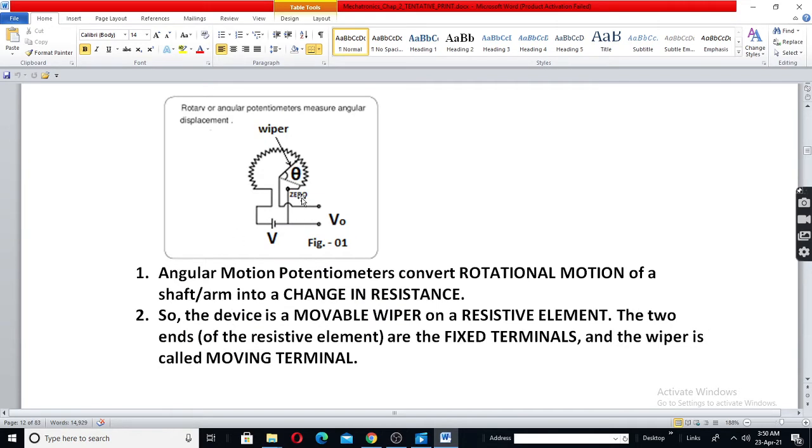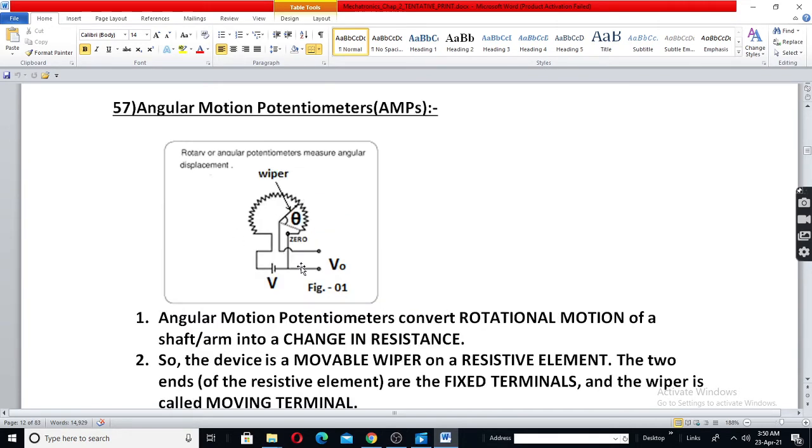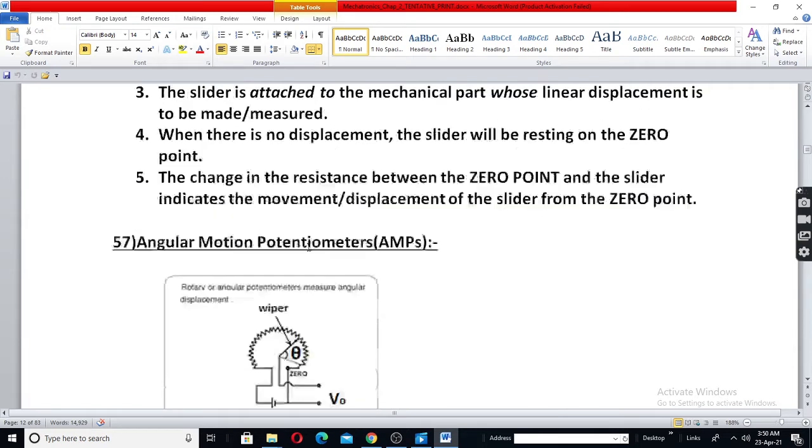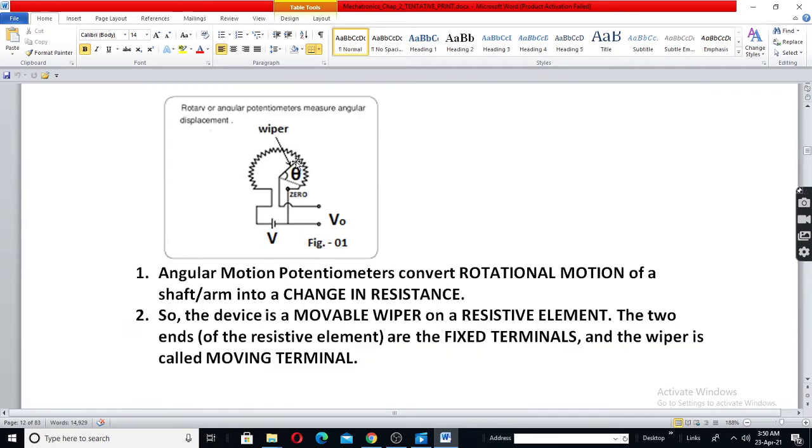And here you have angular displacement. Same thing, here it is moved in an angular way. You have a reference point, fixed point, and movable point. Here you have a fixed bar and a moving wiper. Here the wiper is rotated, not moved.